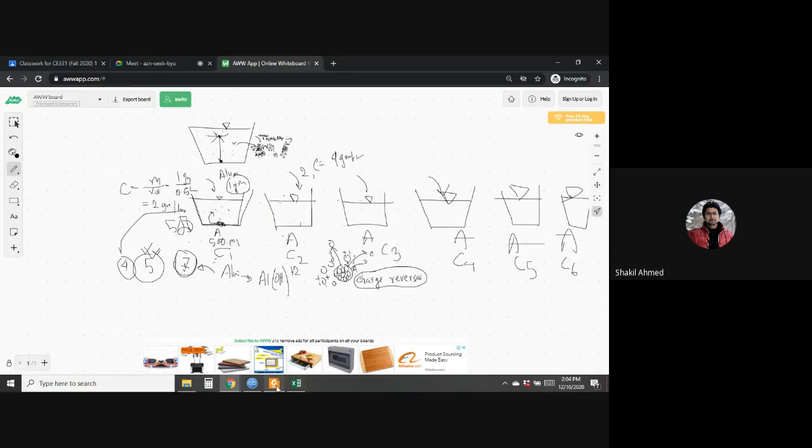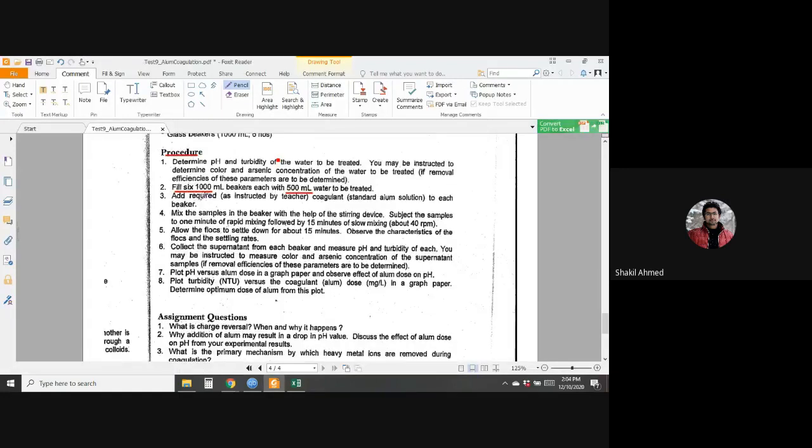After adding, what do we have to do? Add the required coagulant to each beaker. Mix the sample in the beaker with the help of a stirring device.